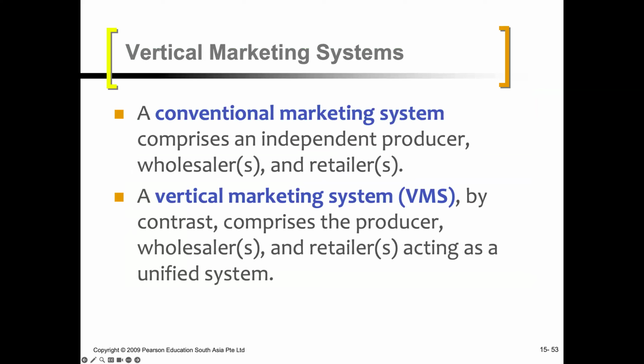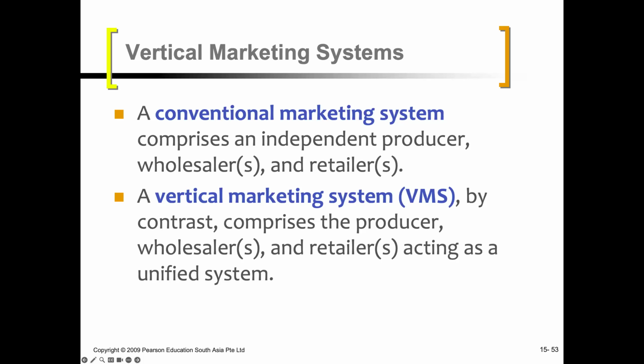We have the vertical marketing system. A conventional marketing system comprises an independent producer, wholesalers, and retailers. A vertical marketing system, VMS, by contrast, comprises the producers, wholesalers, and retailers acting as a unified system.